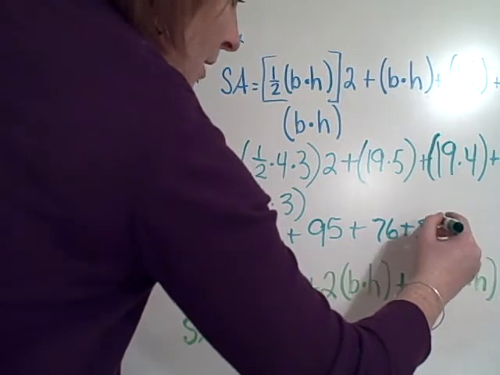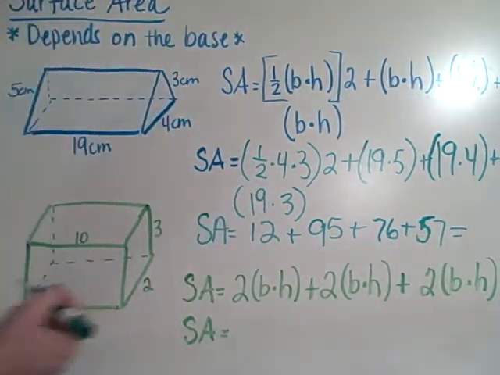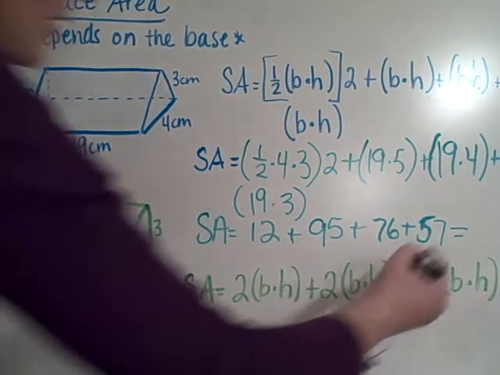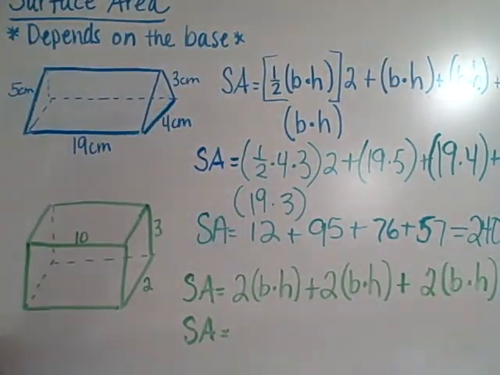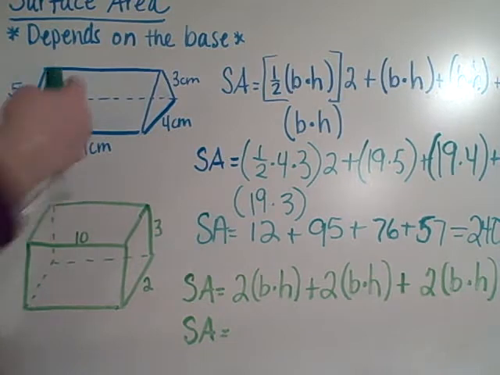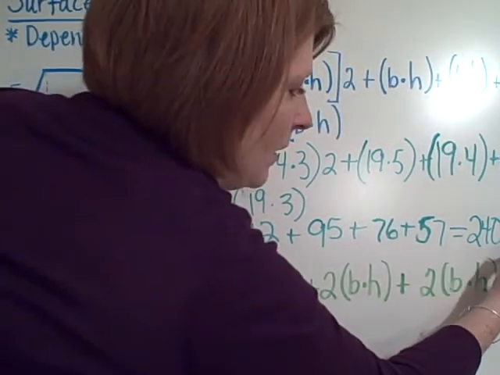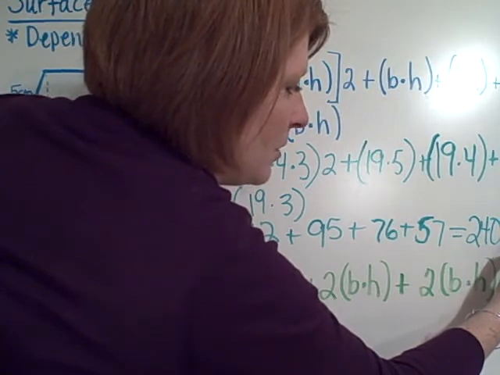And that all together, and yes, that is a 5. That added all up together is 240. I'm finding area, so I'm only using square units. And since it is in centimeters, it would be centimeters squared.